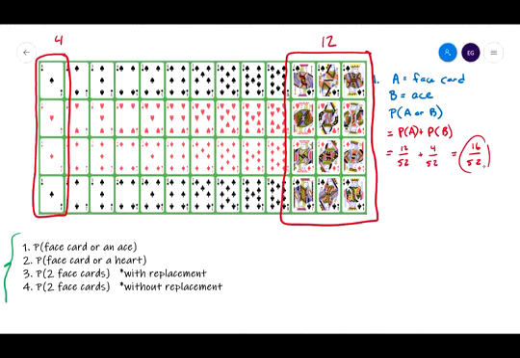Okay, so that's the addition rule with two outcomes that are disjoint. We have outcome A over here, and outcome B over here. Now let's look at number 2. Same thing.